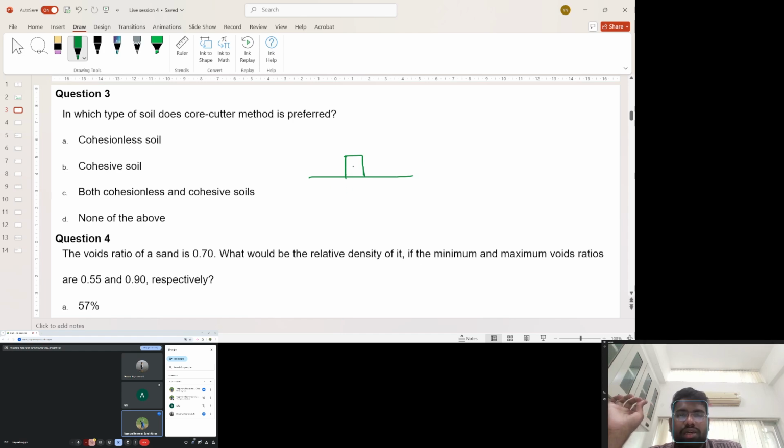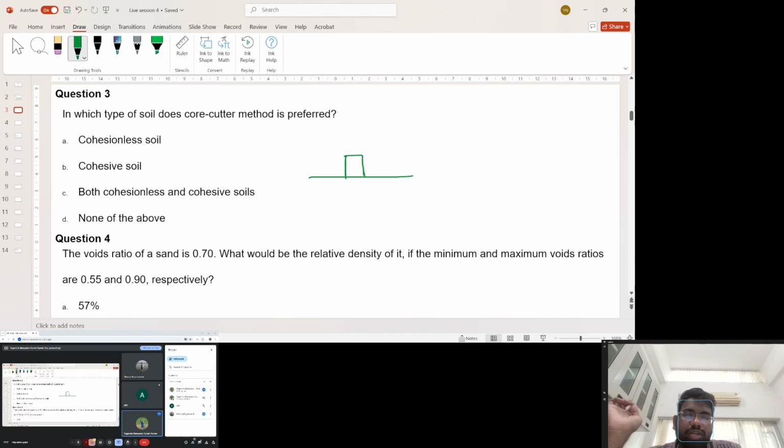So when you take the core that is cut, the primary condition is that the plug that you retrieve should be intact. In the case of sands, will it be intact or not?